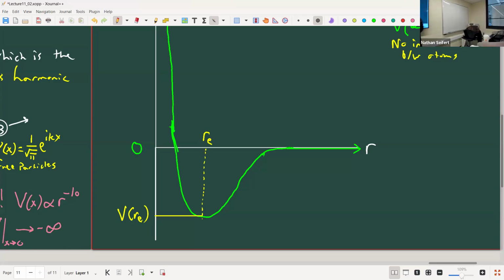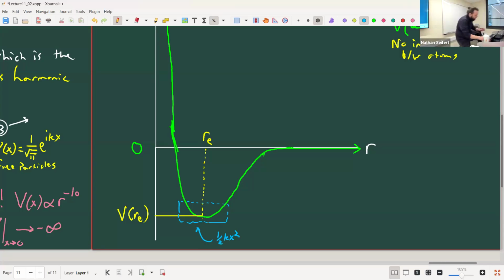Down here, this looks quadratic. If I draw a little box around this region, this looks like 1/2 kx squared. And this function smoothly starts to deviate from a quadratic potential as you go this way.